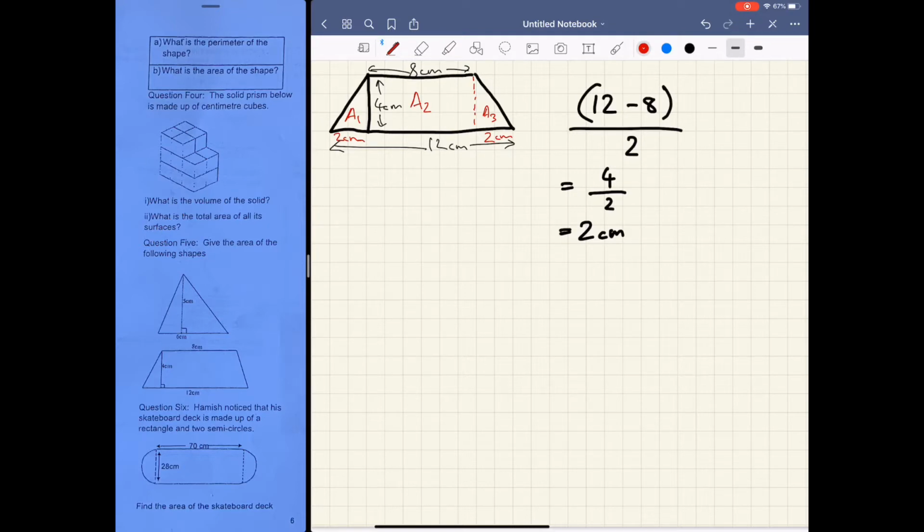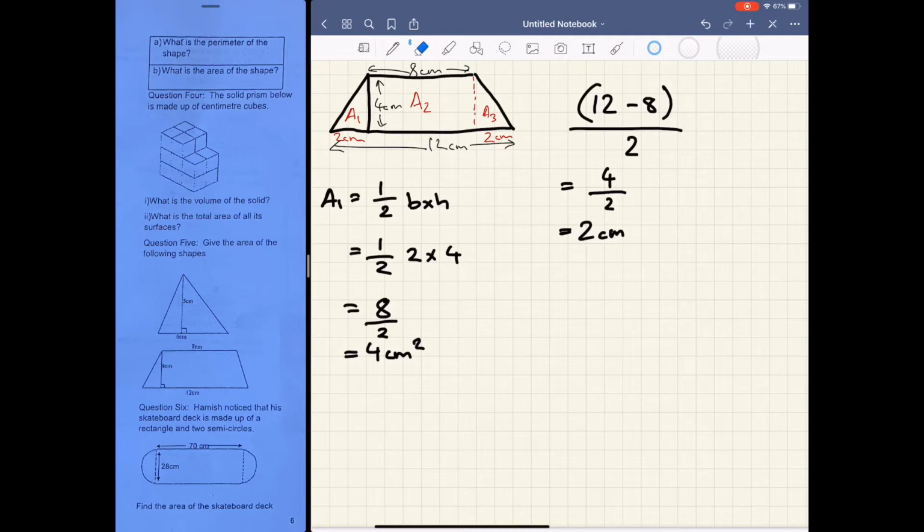Okay, let's answer this. So area 1 equals, area of a triangle is half base times height, which equals half base, which is 2, times height, which is 4. 4 times 2 is 8, divided by 2, which equals 4 centimeters squared.